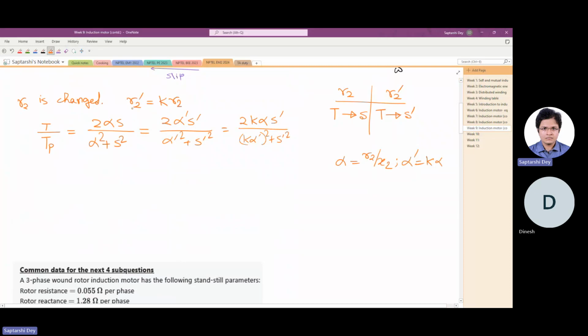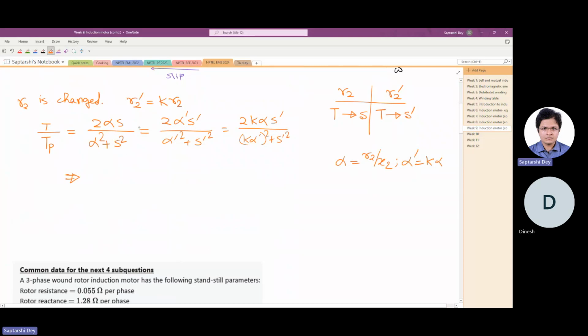So let us write from here again. It can be done simply from an investigation of this equation, or you can do some calculations also.